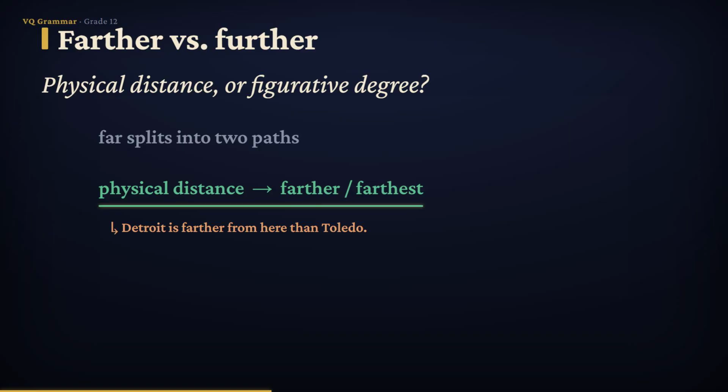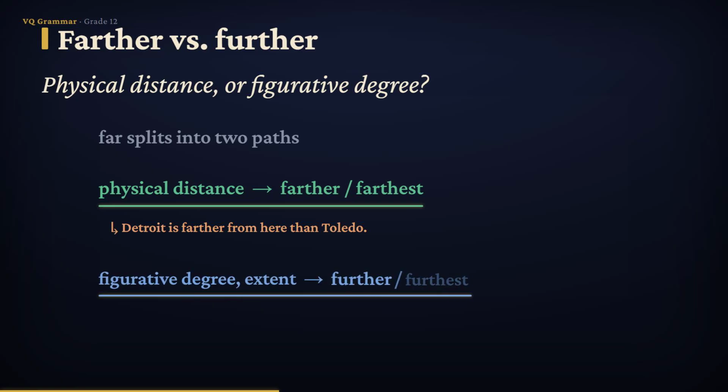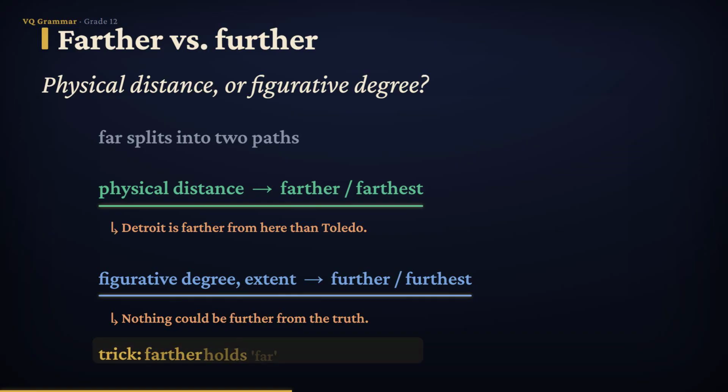But when you mean figurative distance, a matter of degree, extent, or something additional, you use further and furthest. Nothing could be further from the truth. Let's discuss this further. Here's a memory trick. Farther holds the word far inside it, and far is about distance. So farther for miles, further for everything else.